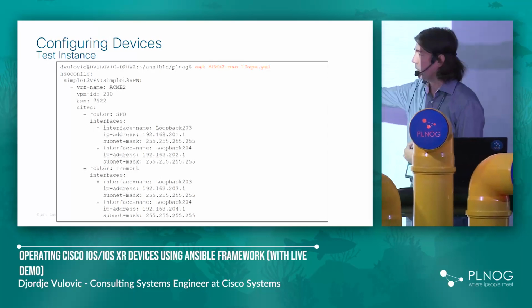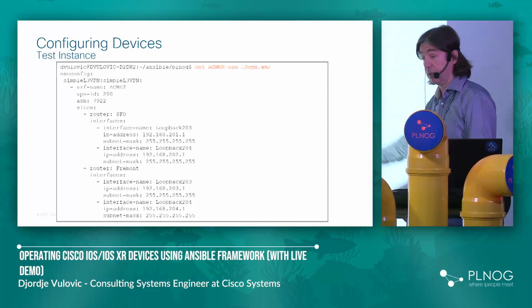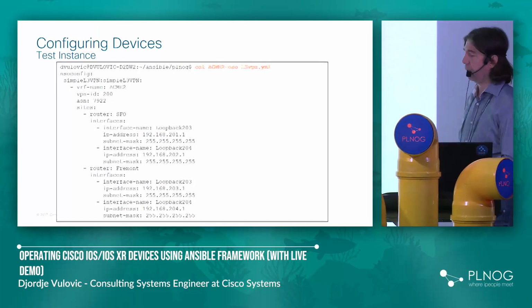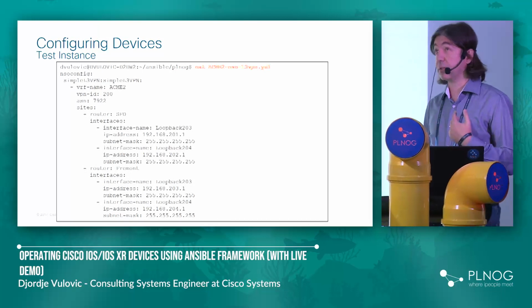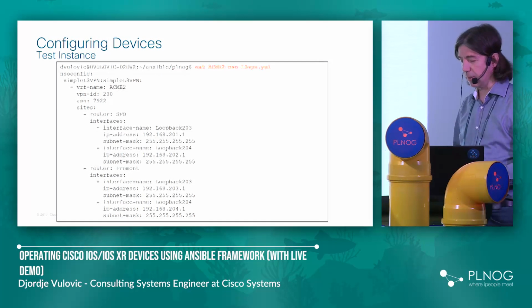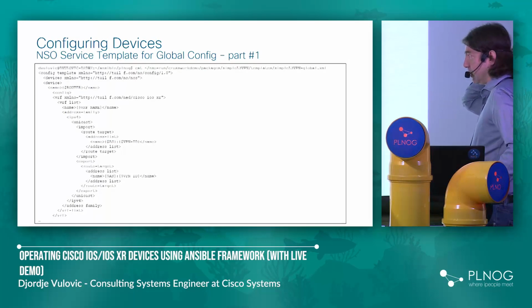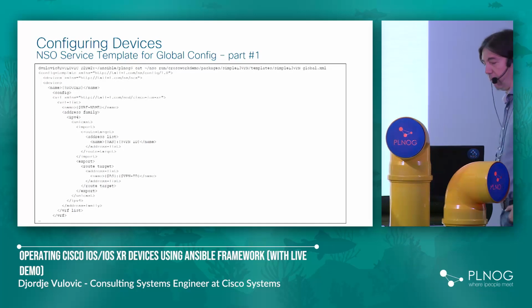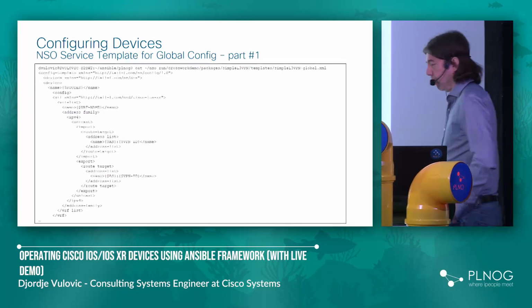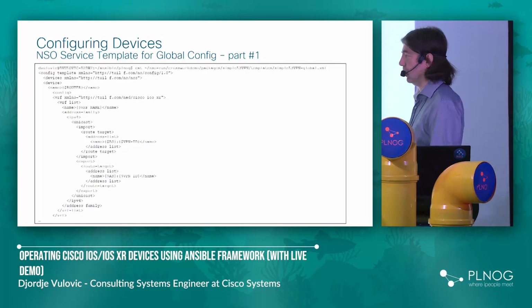And these are the parameters, and you see that it's pretty much looking like the previous service parameters. NSO service, something odd, something complex? Not at all. Actually, in the NSO service, we have the same templates which we had previously, but not in the Jinja2, let's say, nice format which we all know.